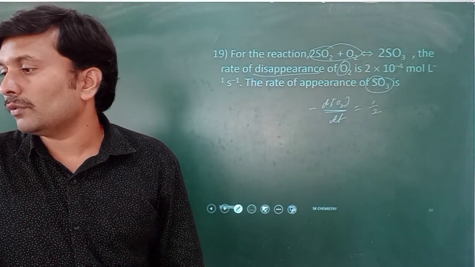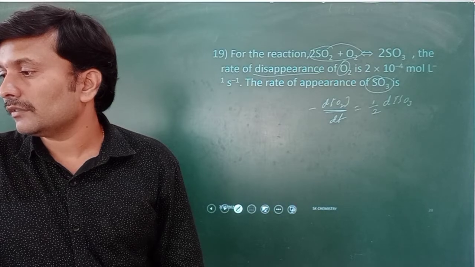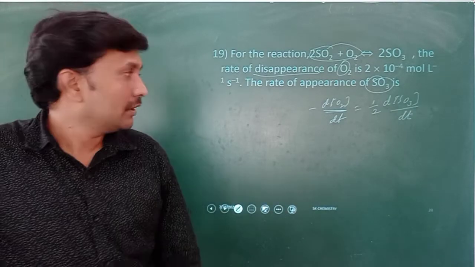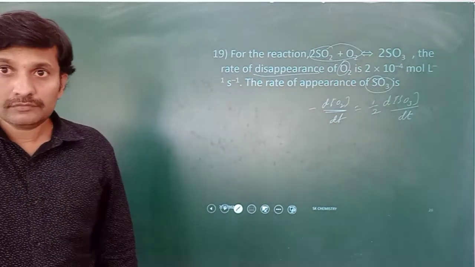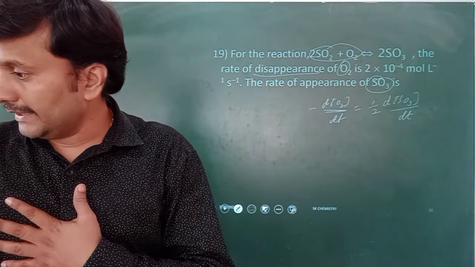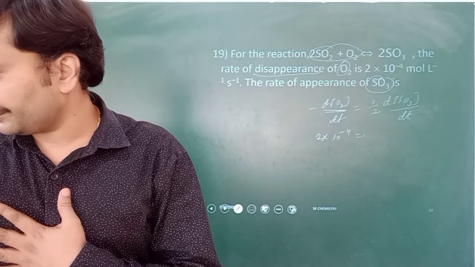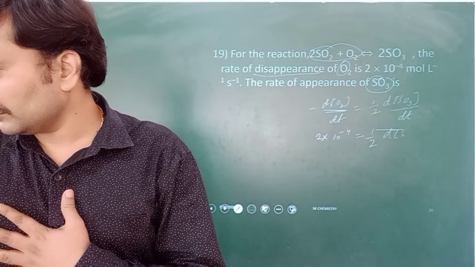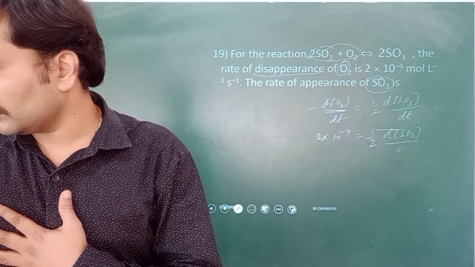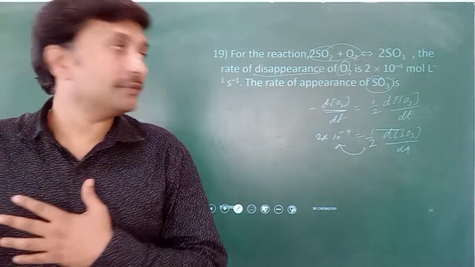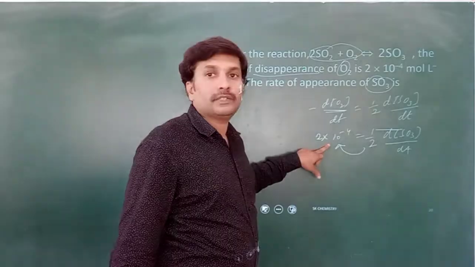Then d[O2] is 2 into 10 to the power of minus 4. Multiply with this 2, the answer is 4.